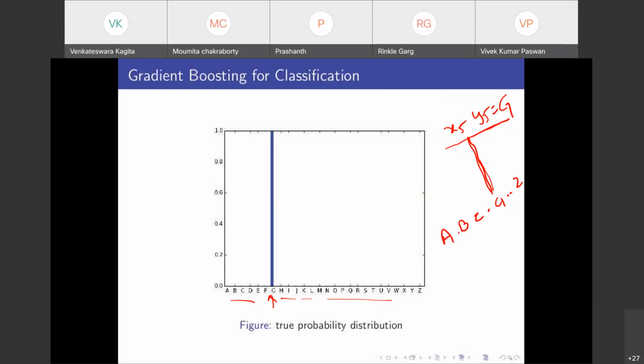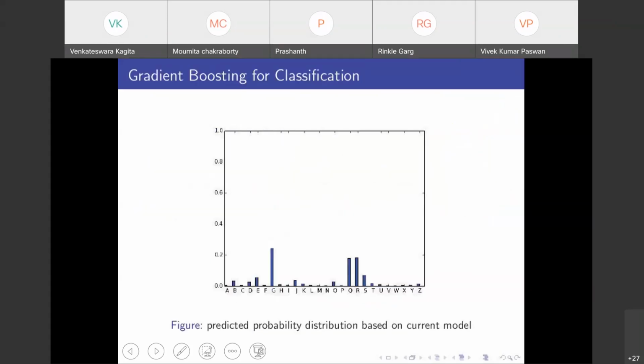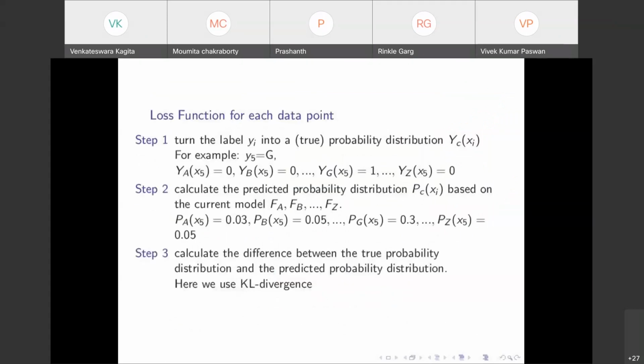Yes or no? Yes. Cool. So the predicted probability distribution is based on the current model, and we calculate the difference between the true and the predicted probability distribution. How do we compute the difference between the probability distributions? We use the concept of KL divergence. So what is this KL divergence?